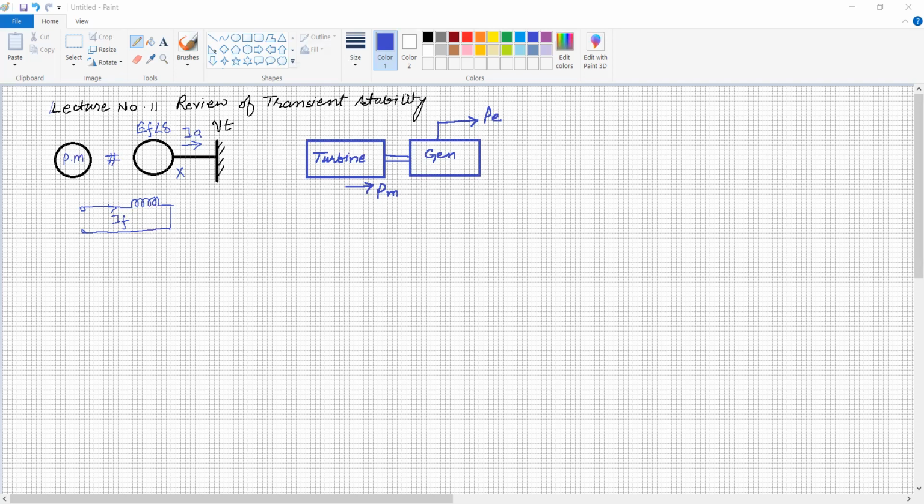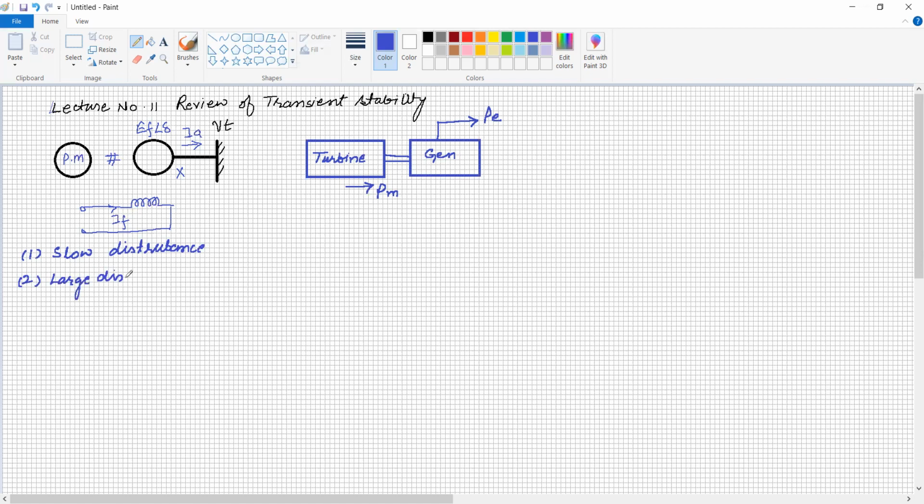There are two types of disturbance. A fault can be categorized as a perturbation or disturbance. The first is the slow disturbance, and the second is the large disturbance.